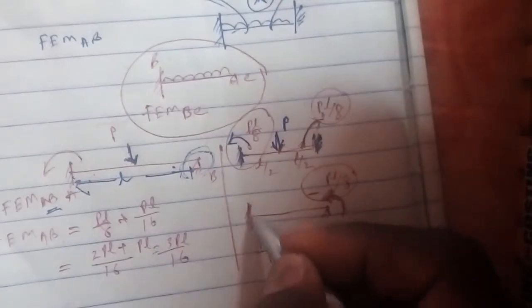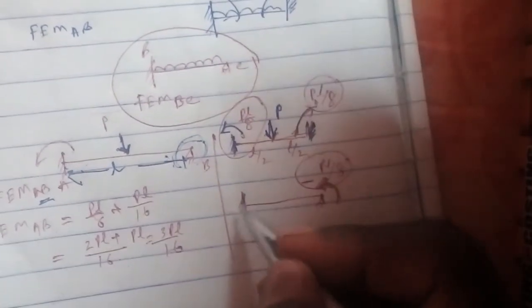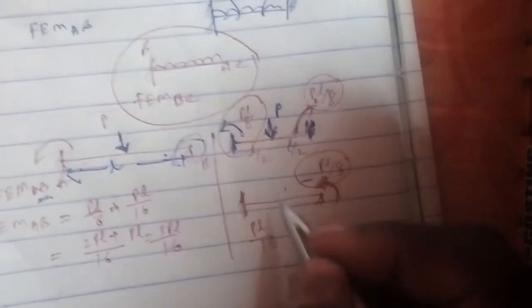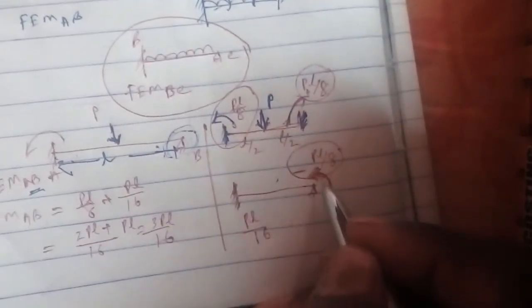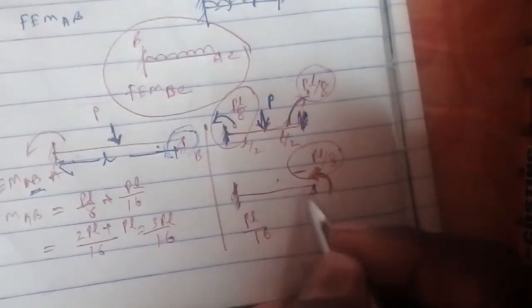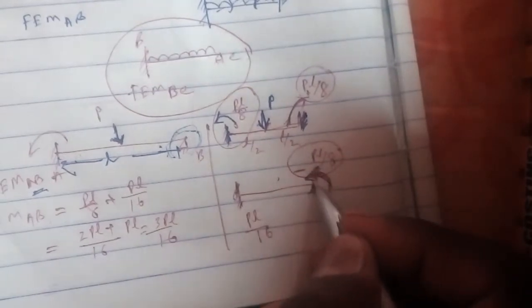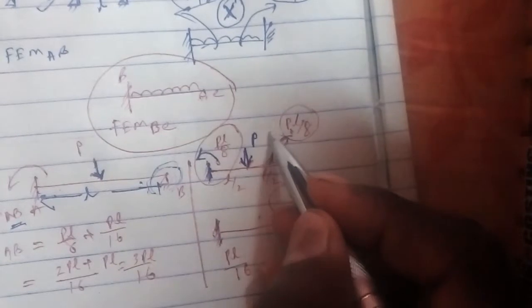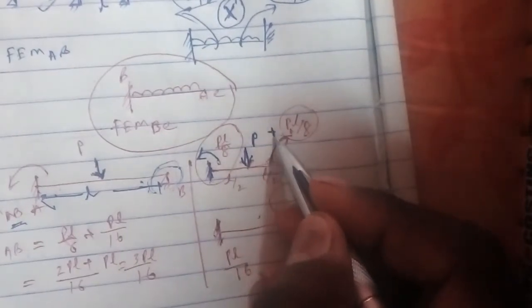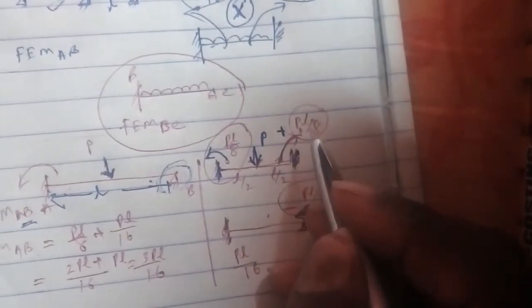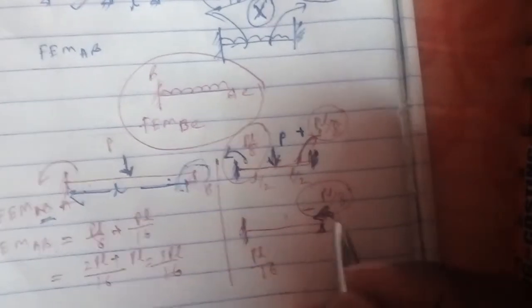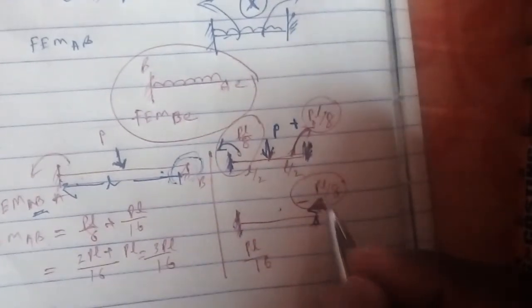Now we take another beam of length L, with one end fixed and the other end hinged, and we apply a moment here. The moment PL by 8 is positive, and we are applying a negative moment PL by 8.